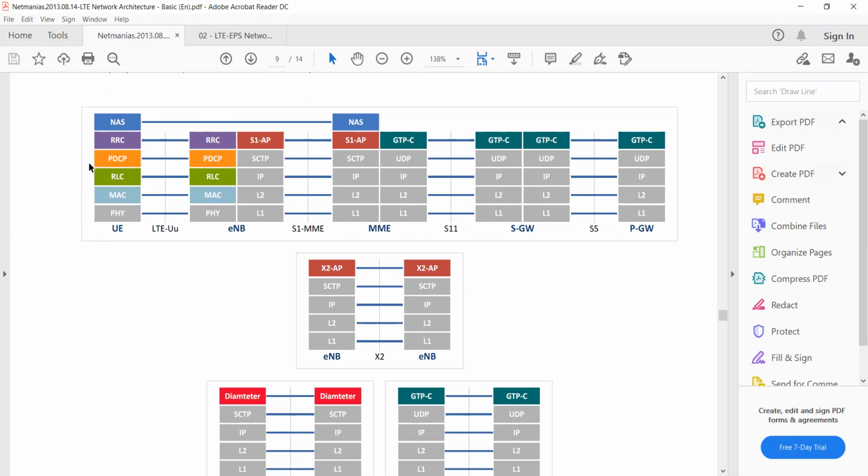Till RRC, we say access stratum in LTE. And this is the NAS layer, non-access stratum, which is responsible for interacting with MME directly without using the eNode B. So direct messages from UE will go to MME using the NAS layer. That's why we say non-access stratum.